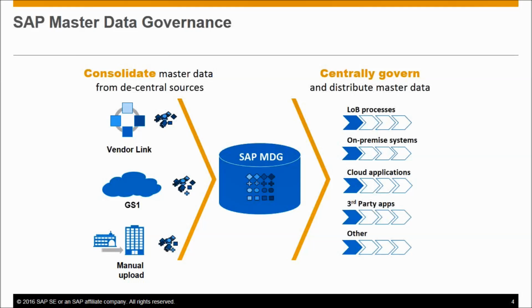So what this slide is depicting is that you have heterogeneous article sources coming from the left. You may have a GS1, you may have a PLM system, you may have a vendor link, you may have manual upload, right? And when you streamline that going through the SAP MDG tool, MDG RFM tool, you get a single version of the truth.